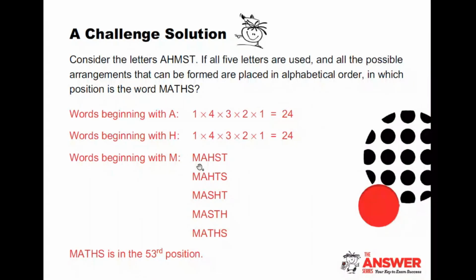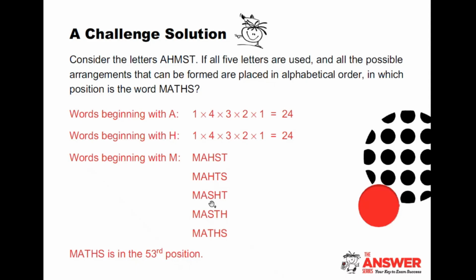So if I start with M, I'm now left with A, H, S, T. I've got to get them in alphabetical order. You've got to know your alphabetical order quite well. So it's A, H, S, T or A, H, T, S. Okay, so that's A, H. Then I keep the A. I've used H. What's the next alphabetical one?